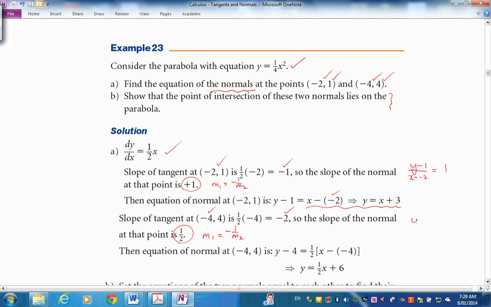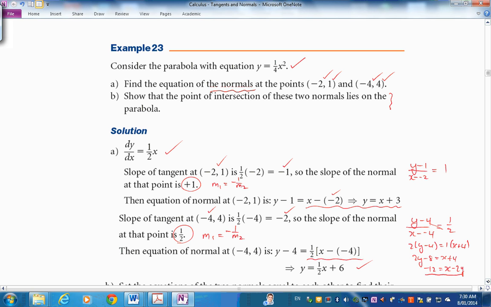So it's y minus 4 over x minus -4 equals a half, and probably I would go that way: 2 by y minus 4 equals 1 by x plus 4, and so on. 2y minus 8 equals x plus 4, or -12 equals x minus 2y, if you wanted it in the general form. If you do it this way, just multiply across, leaving the half there, you'll always get it in slope-intercept form, y equals mx plus c form.